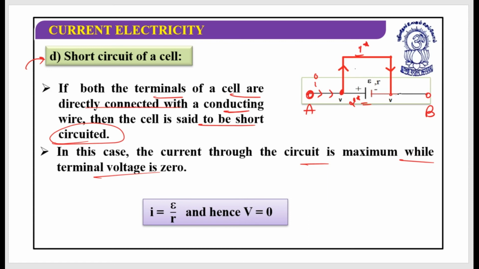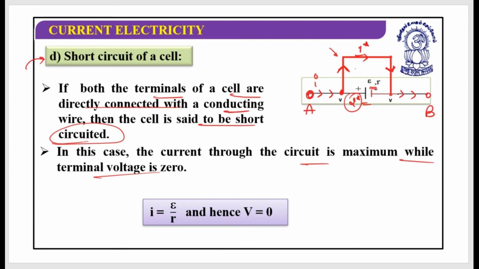Current always has a tendency to pass through the path which has lower resistance. So this is the wire, and in an ideal situation we consider the resistance of a wire as 0. So if it has zero resistance, all the current will pass through path 1 only, and there is nothing to pass through path 2. This is what we call short circuiting of a cell.